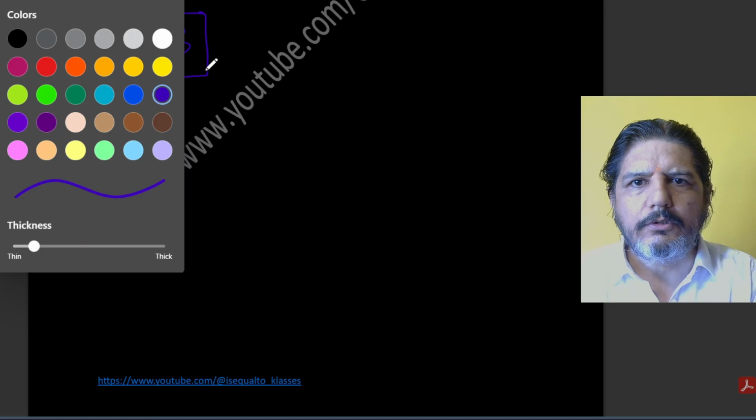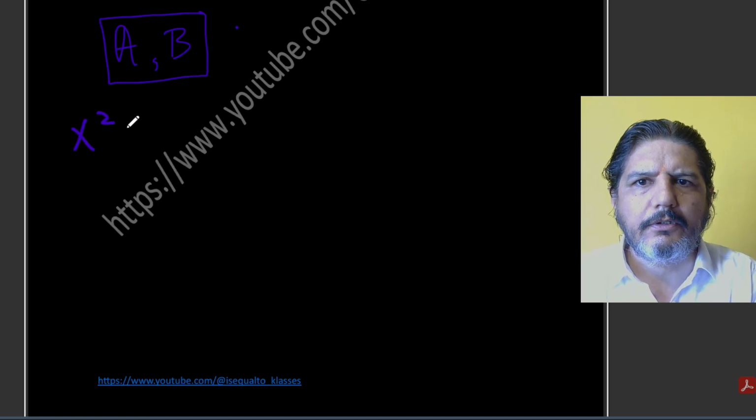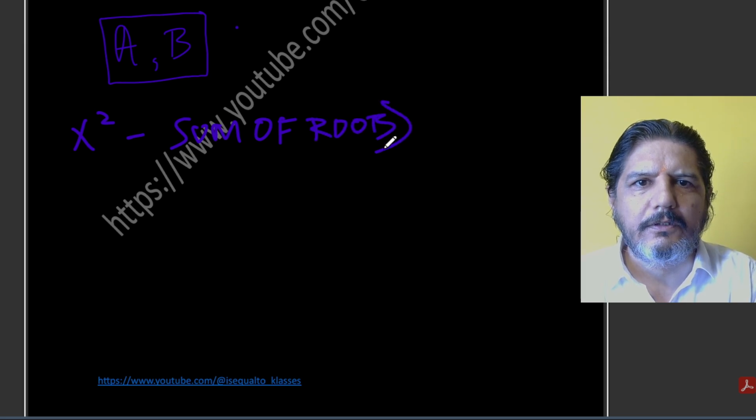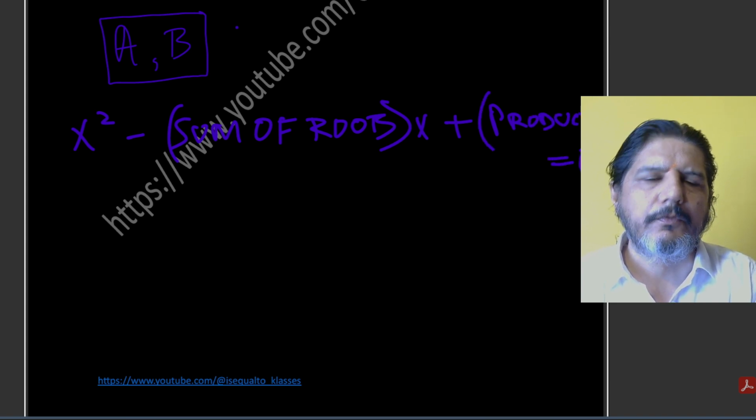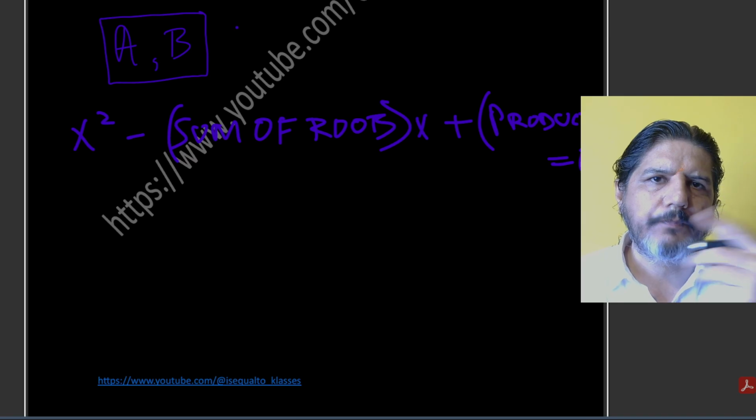Now you know that a quadratic equation is written as x square minus sum of roots into x plus product of roots is equal to 0. So this is our standard way of forming a quadratic equation.